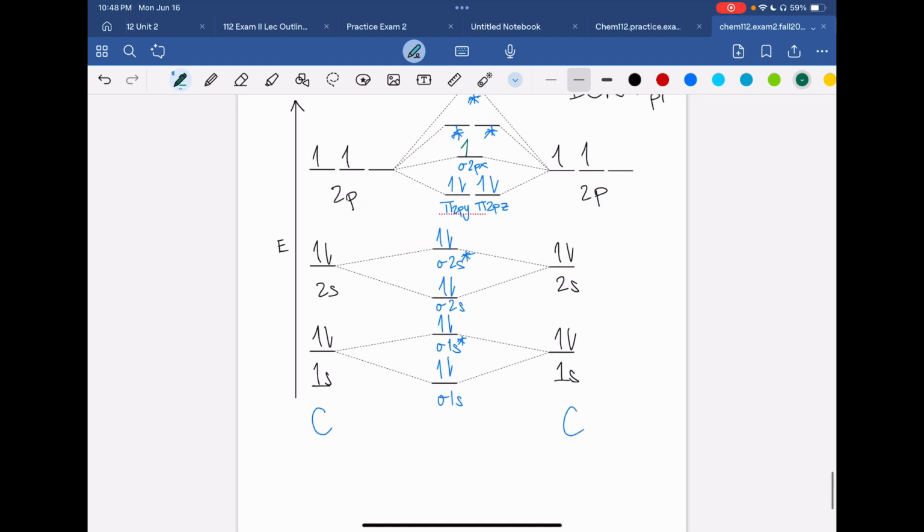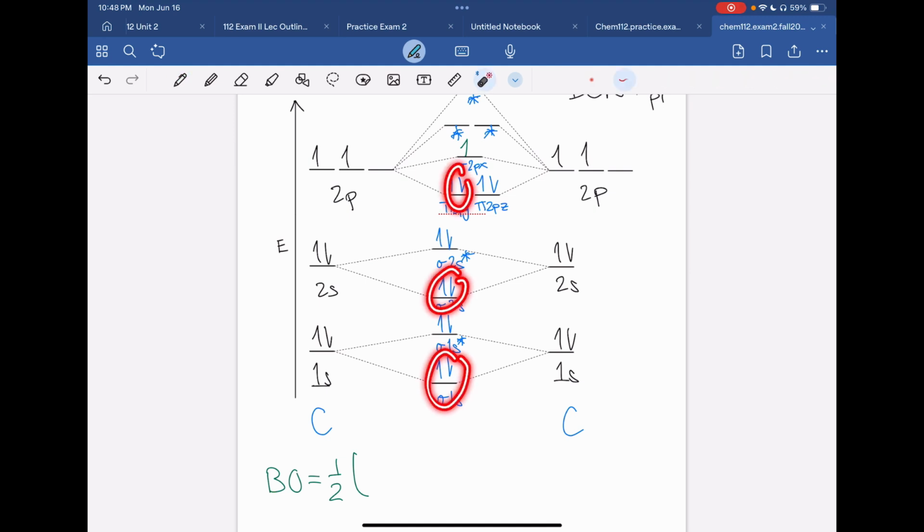So let's draw the bond order for this one. It's 1/2 of, let's count all the regular bonds: 2, 4, 6, 8, 9.